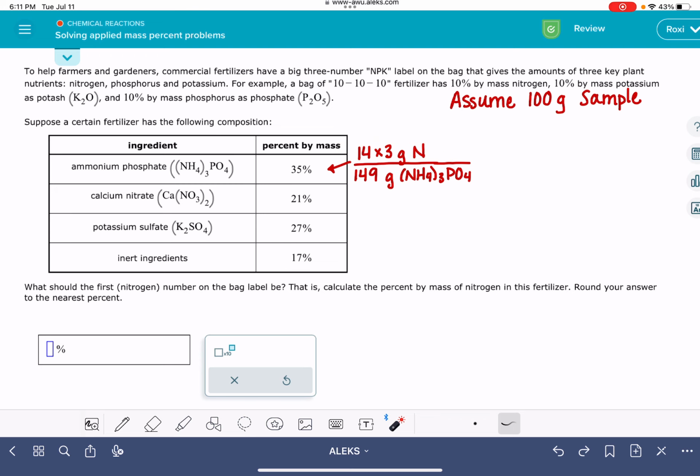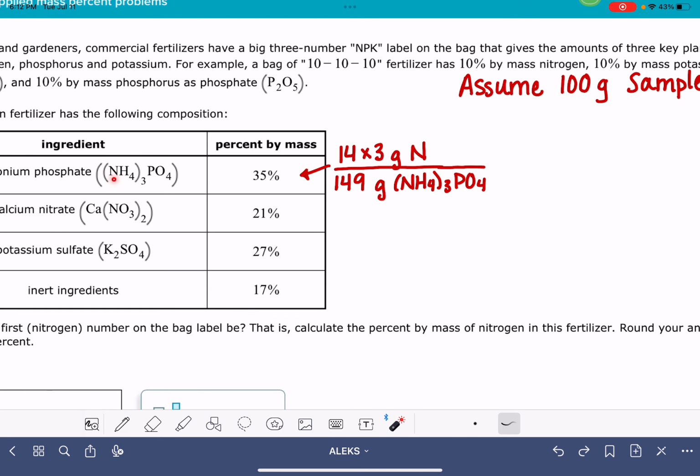Just like we did with the first 2 problems, we're going to set up the ratio of nitrogen to whatever this molecule is. So what I've done is realized that I've got three nitrogen atoms in this molecule. The atomic weight of nitrogen is 14. So there's my total mass of nitrogen, and then I'm dividing it by my total molecular weight of NH3PO4. This is giving me the ratio of nitrogen to that compound.